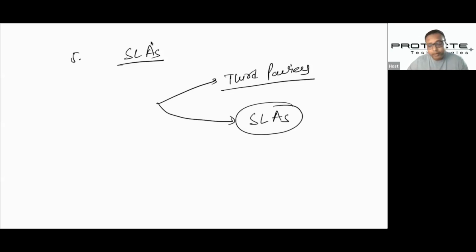It's very important that you visit and revisit your SLAs from time to time, so that things are not going out of security scope. So these are the fundamental concepts when you are operating your security operations.